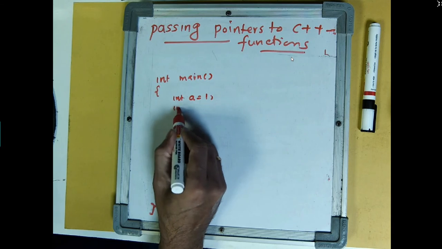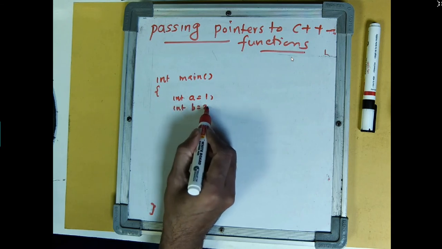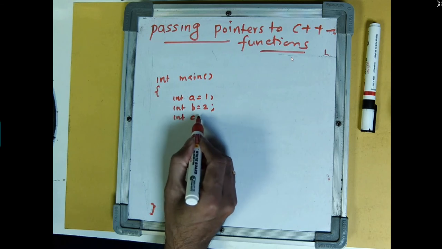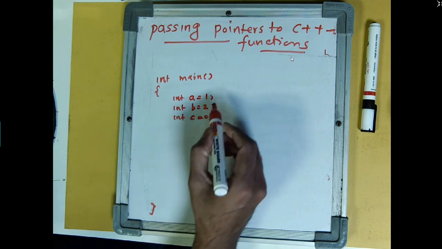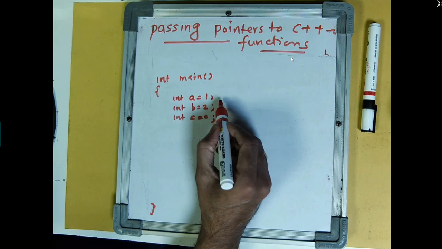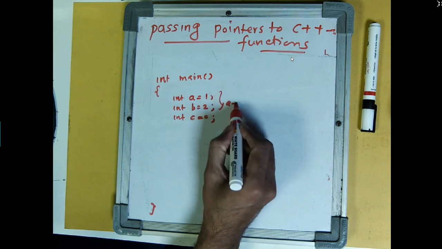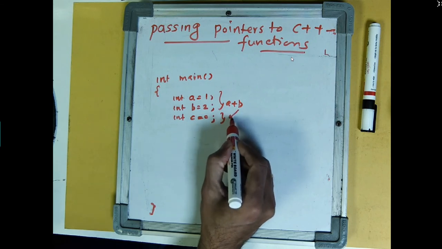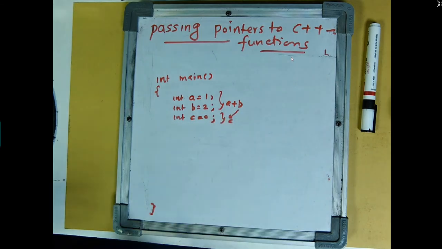I have another integer which is defined b is equal to 2, and I have another integer c is equal to 0. I want to add a and b. You are trying to add a plus b and trying to get the result into this c. Okay, this is what you are trying to do.